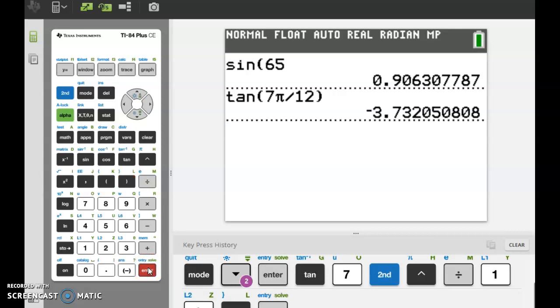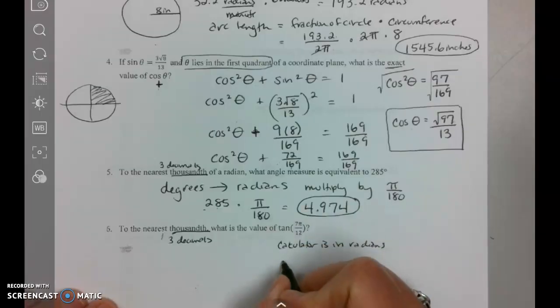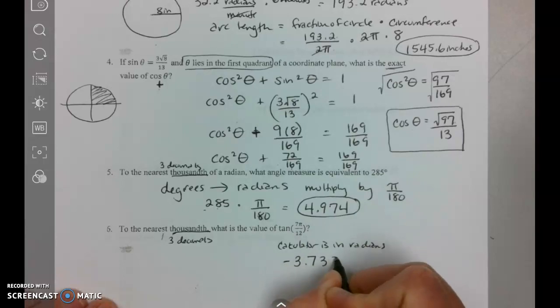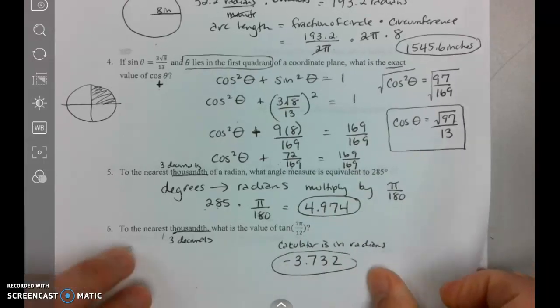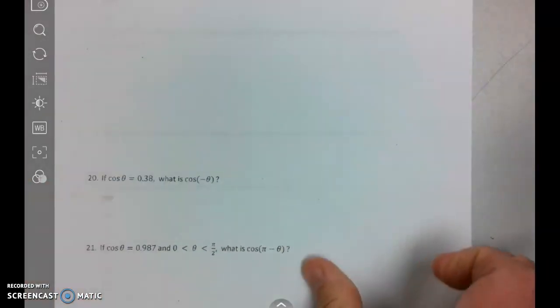And I get negative 3.732. Negative 3.732. Okay. Continue on.